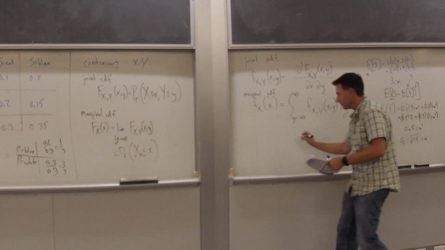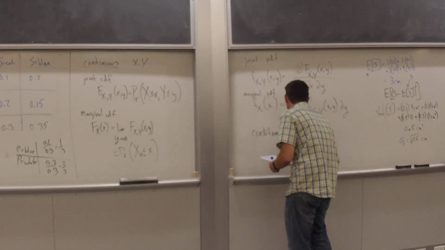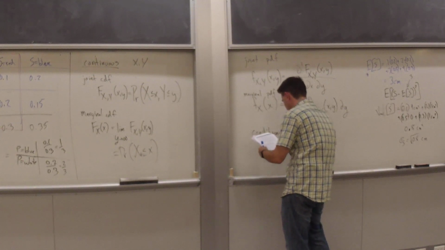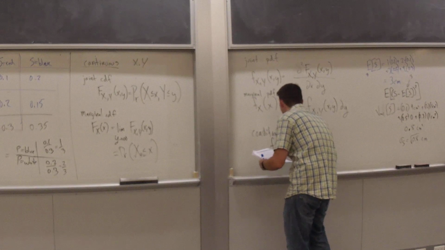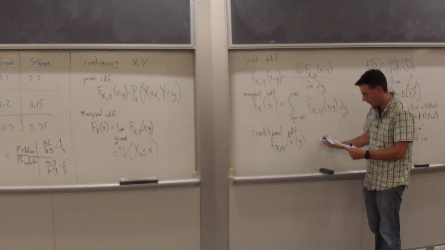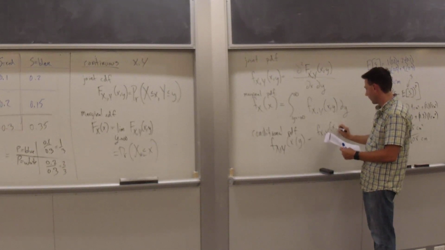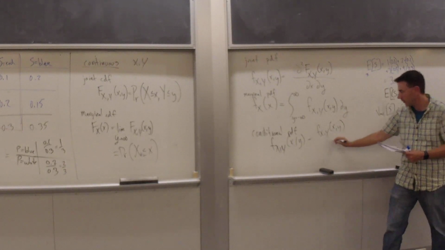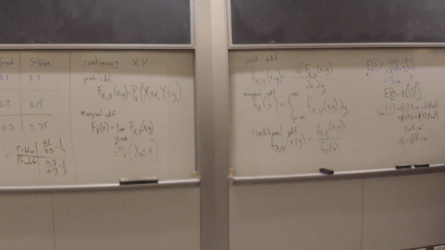And then the conditional PDF of x given some value y is equal to f of x, y, so the joint probability, divided by the marginal probability on y, which is defined the same way as for x, but you swap the values x and y.